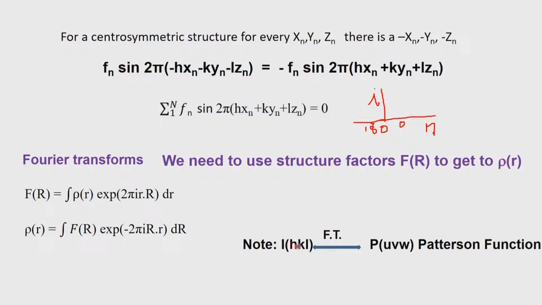So, if we use this I of HKL, we get P of UVW, then we have to treat P of UVW in such a way that this eventually leads to rho of r. How to go from P of UVW to rho of r will be a part of the discussion when we discuss structure determination protocols. So, at this moment, we see that the phases associated with the centrosymmetric systems become all real, so that the functions become cosine functions only when we do the summation to calculate the structure factor.